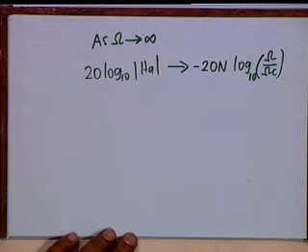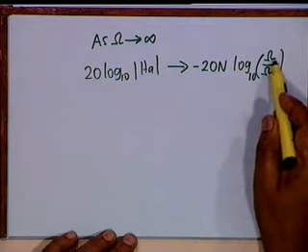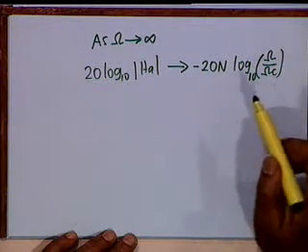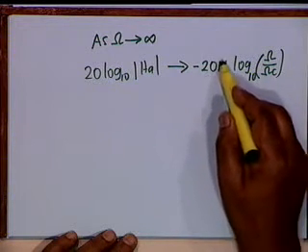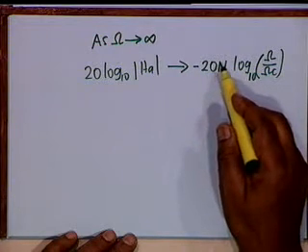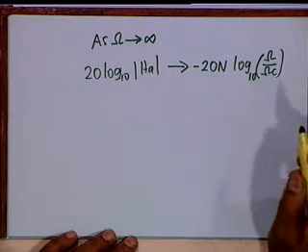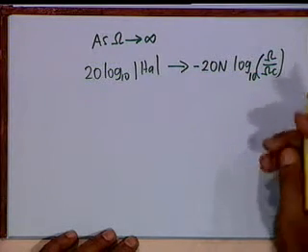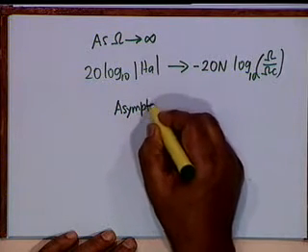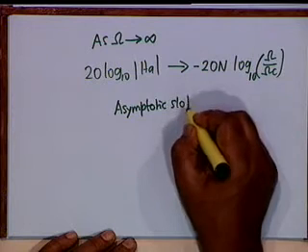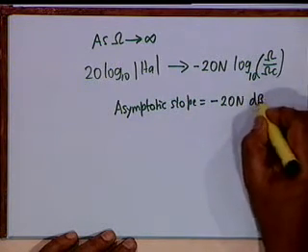Agreed? In other words, as omega increases by a factor of 10, the characteristic goes down by 20n. And what is 20n? It is expressed in decibels, and therefore the asymptotic slope is equal to minus 20n decibel.